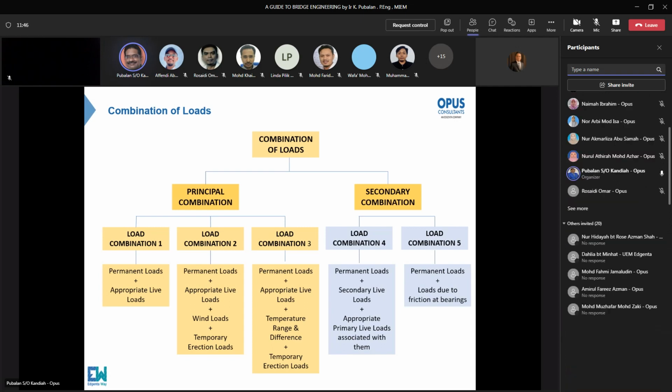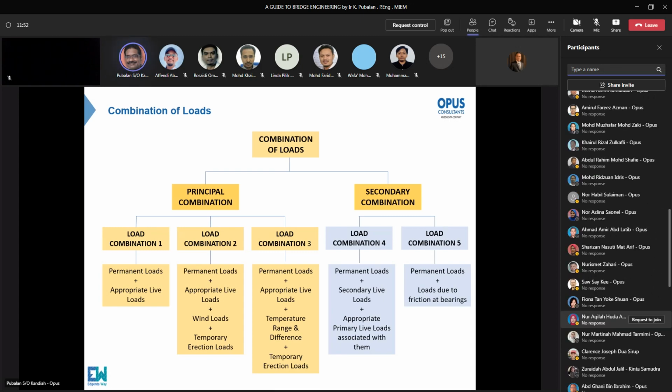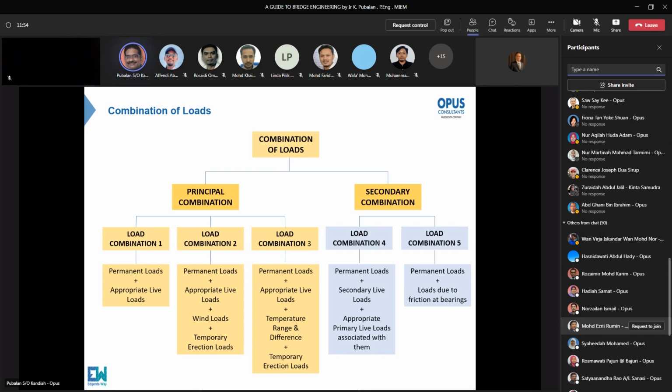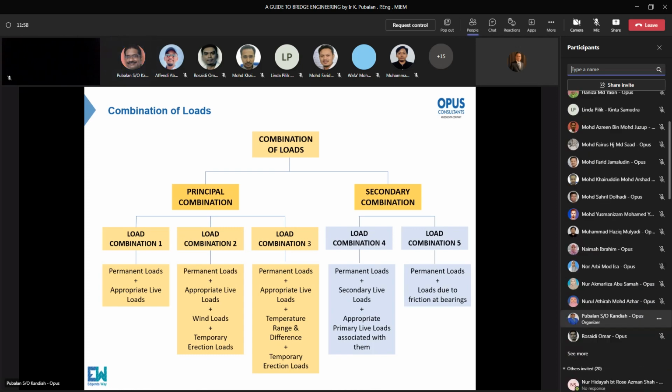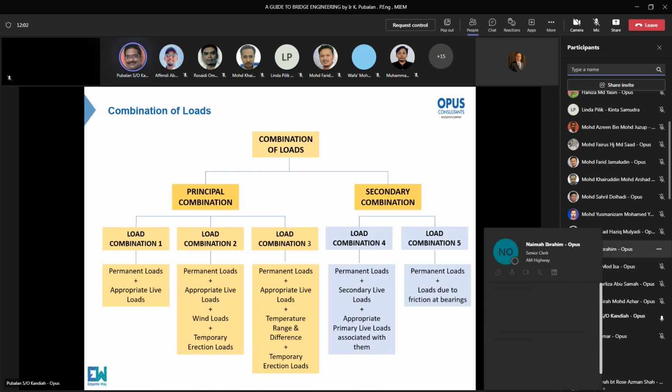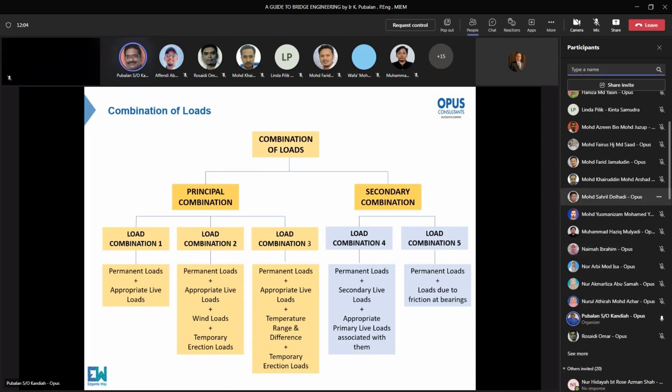So you need to check for all these load combinations and see which one will have the worst effect. Okay. If you look at load combination 1, you have permanent loads plus live loads. Okay. Permanent loads, what are these permanent loads?